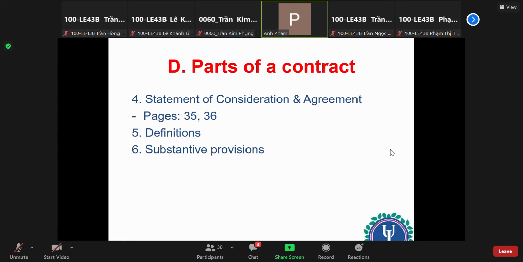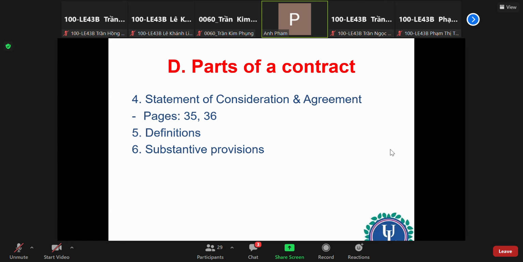Yeah, substantive provisions. Those are the provisions on the terms and conditions of the contract. There are different ways to arrange substantive provisions, and as I said before, it is based on the importance of a contract.